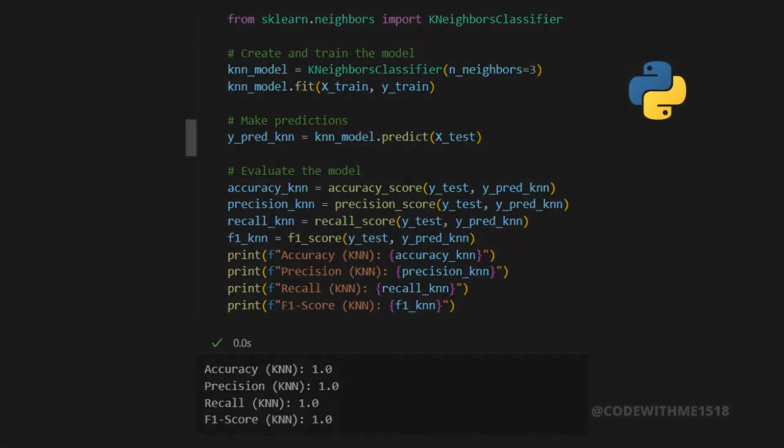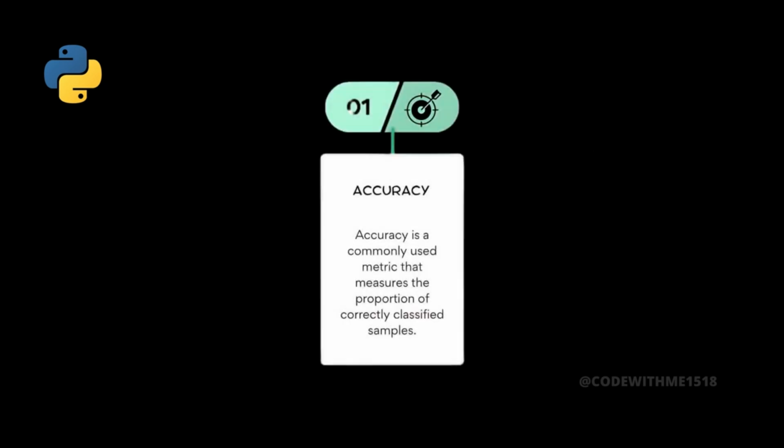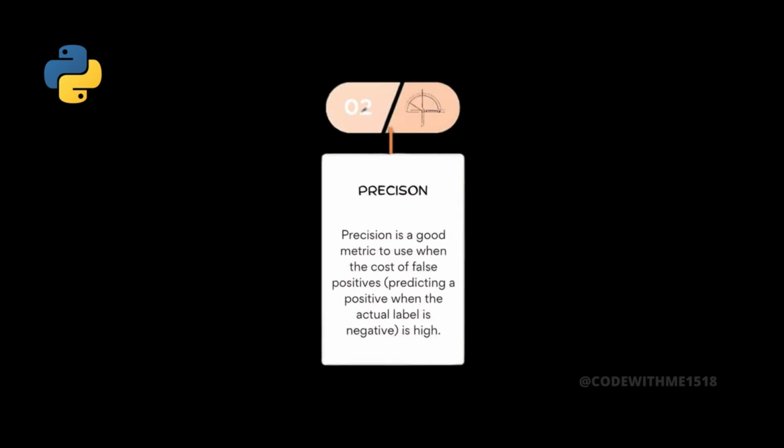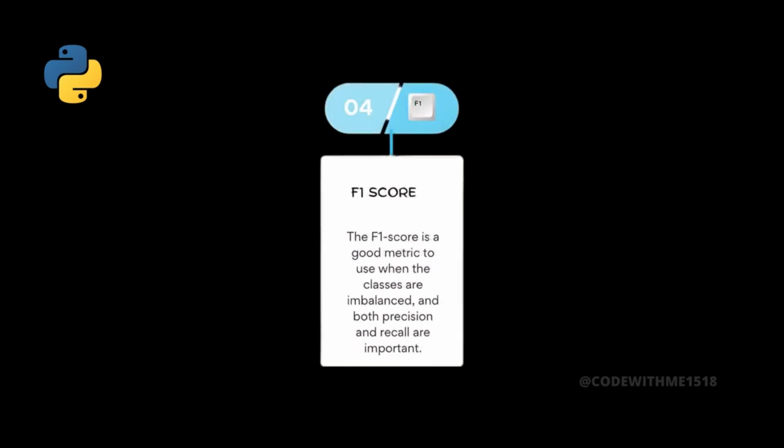Evaluating classification models involves looking at various metrics. Here are the most common ones: accuracy, the ratio of correctly predicted instances to the total instances; precision, the ratio of correctly predicted positive observations to the total predicted positives; recall, the ratio of correctly predicted positive observations to all observations in the actual class; F1 score, the weighted average of precision and recall.